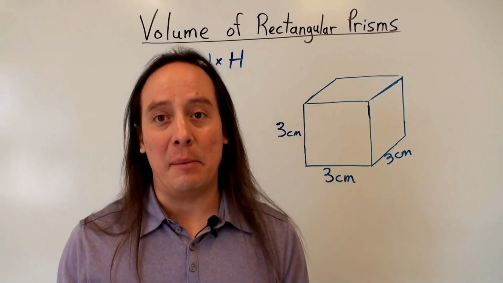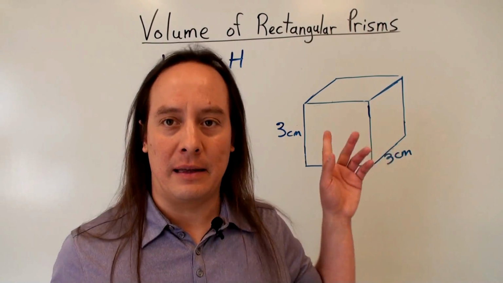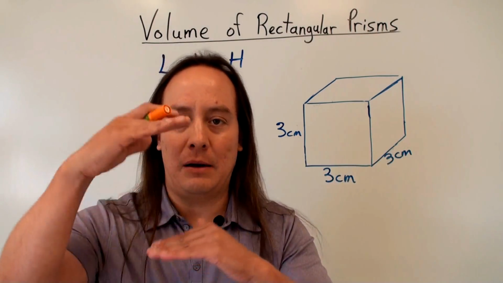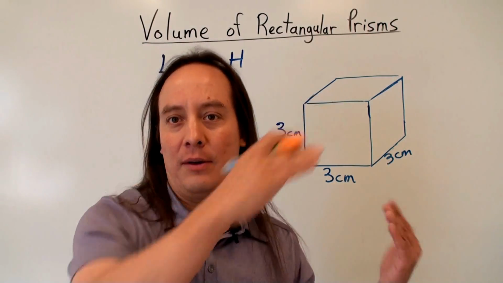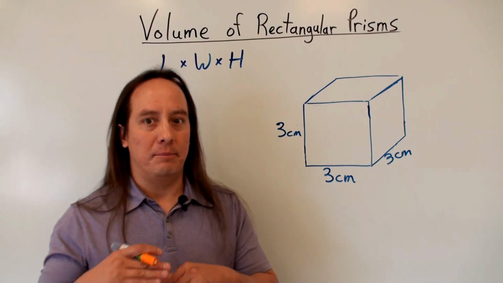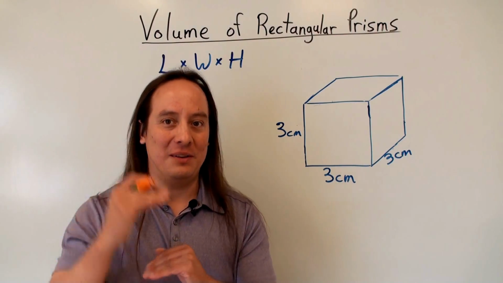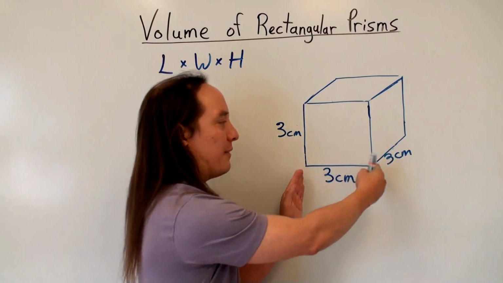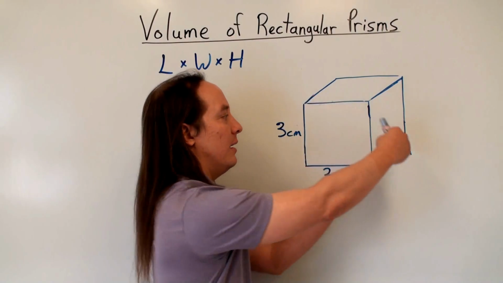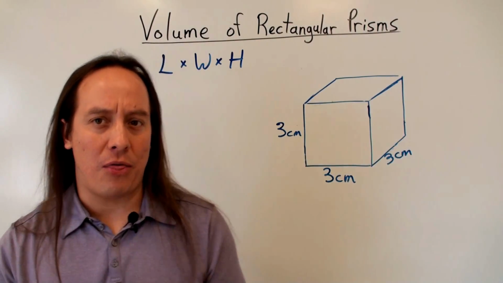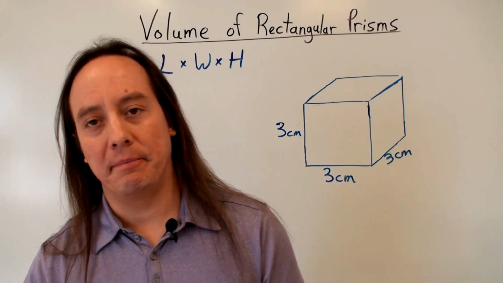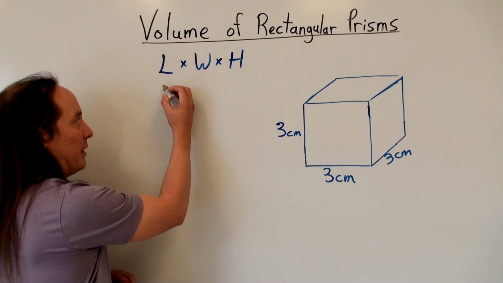One of those needs to tell me how high it is, and that's all I need. I don't need to use all three of them or duplicate this. I just need one representative of that dimension. So we have the length, the height, and the depth or the width. This is a pretty easy example.